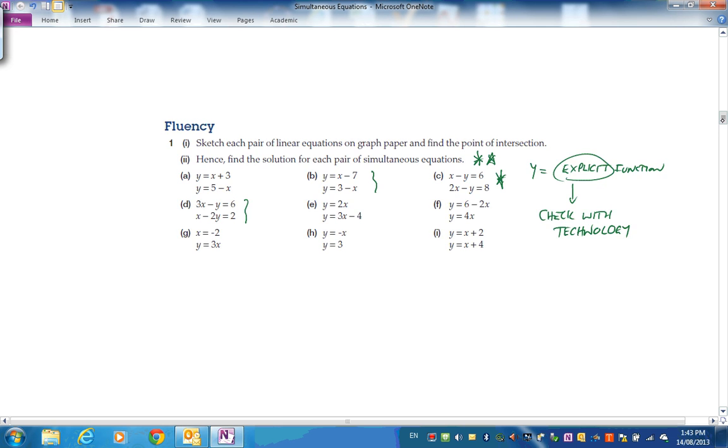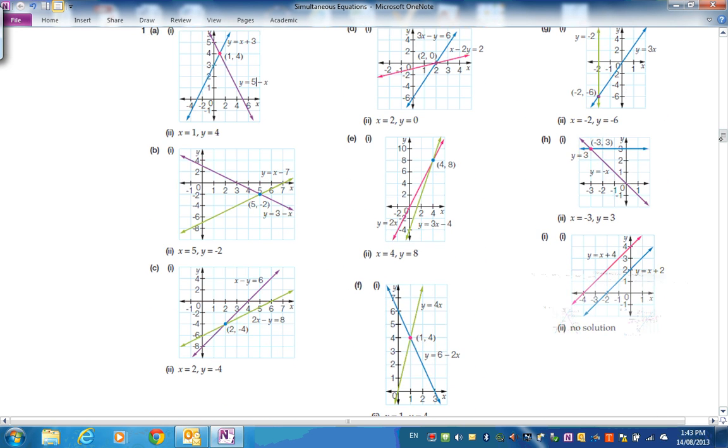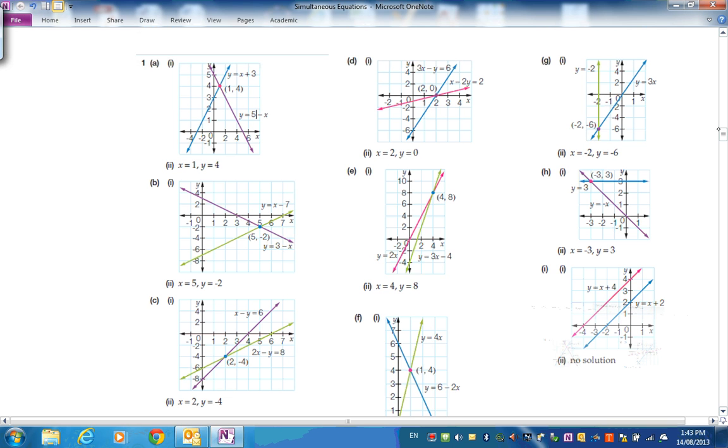Come down, let's look at the answers now. Here we are for some of the parts. We'll just go a little bit lower there. And there are our graphs in each case. Check the point of intersection, check the axes intercept. You can see some here, fairly difficult on that scale to do it accurately. So let's remember, some inaccuracies are likely to occur here with this graphing by hand.